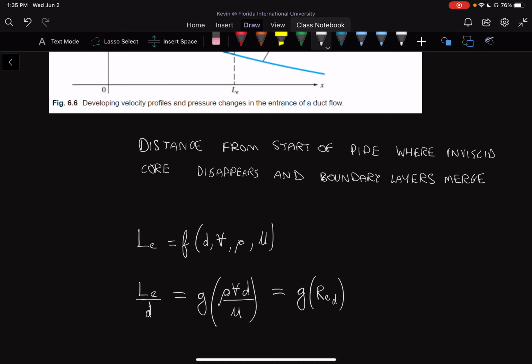And now the only thing we have to do is run some experiments, because we know that the length of the entrance is affected by Reynolds number. You can do different experiments at different Reynolds numbers and get an equation for your function.